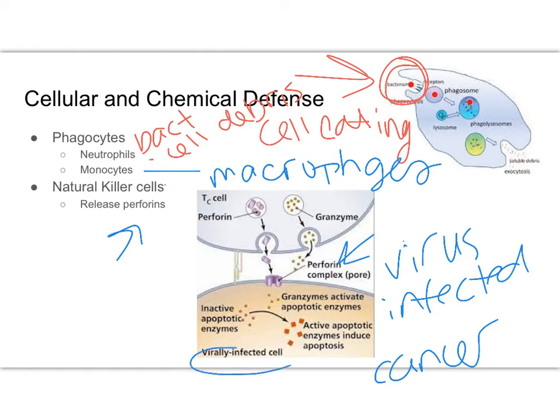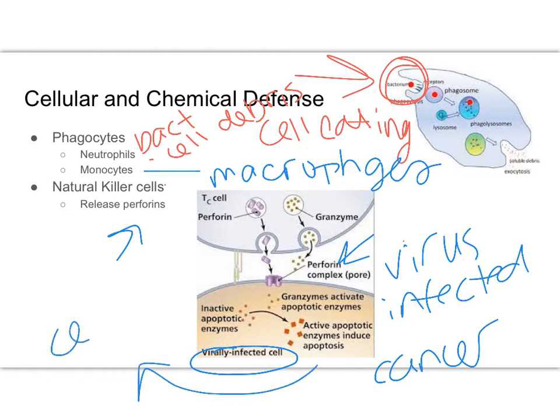So you can see here's my infected cell, and these perforins are poking a hole in it. And that hole is going to serve two purposes. One, it makes it more difficult for the infected cell to monitor what's going in and out of the cell. And two, it allows these enzymes, these granzymes, to activate the enzymes that will cause apoptosis.